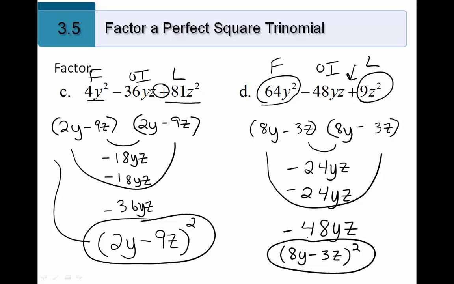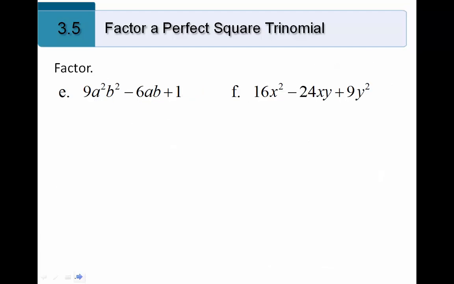All right, two more to do. So there's my F. So 3ab multiplied by 3ab is equal to 9a squared b squared.